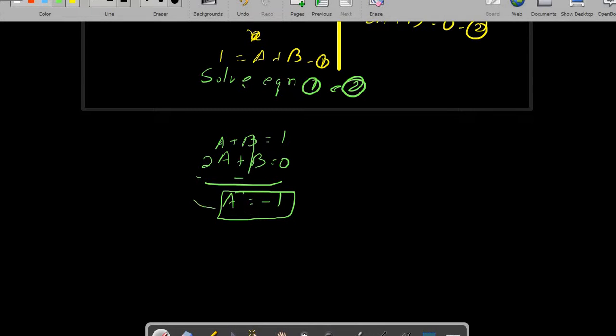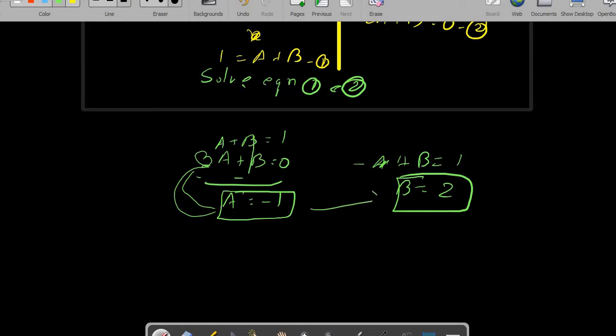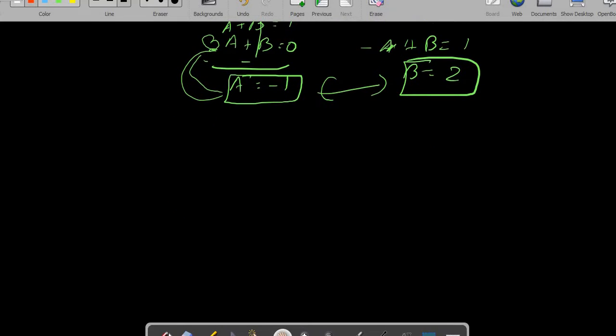Substitute the value in any of the two equations. We get minus A plus B is equal to 1, so B should be 2. So we got both the values, A and B. Now it's just to simplify the equation by substituting the values.